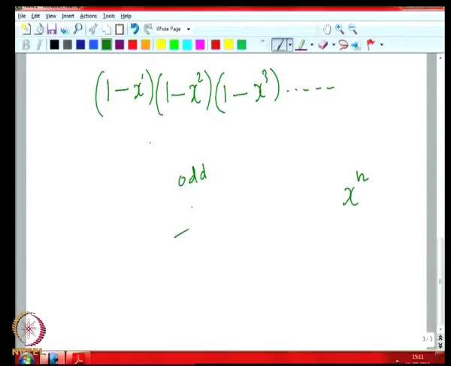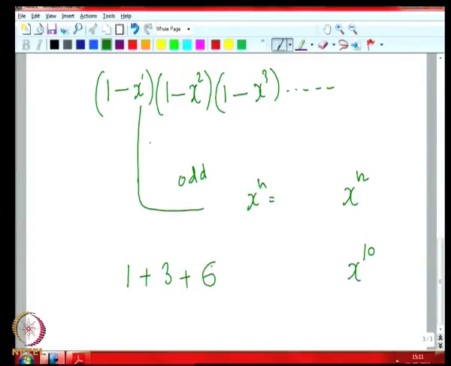For instance, let us look at x raised to 10. So x raised to 10 can be made by 1 plus 3 plus say 6, this is fine. So then this will be taken to form x raised to n like this. So we have to get x raised to 1, x raised to 3 and x raised to 6.